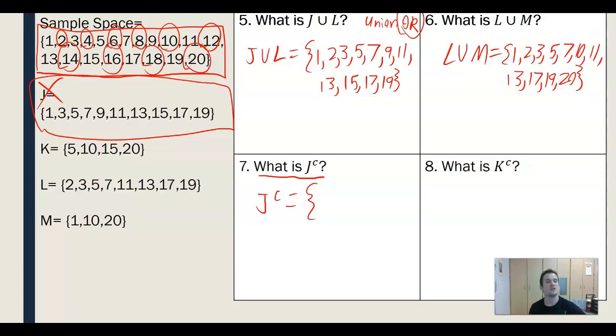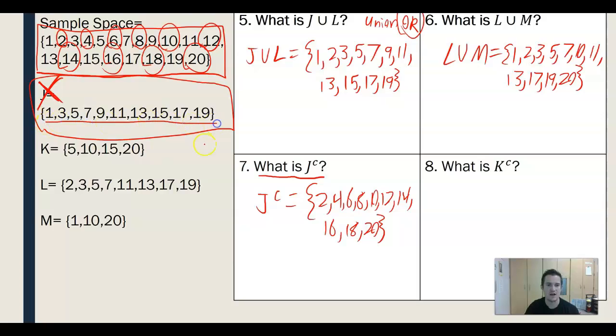So all the even numbers there: 2, 4, 6, 8, 10, 12, 14, 16, 18, 20. So again, the complement of set J, or J complement, is all the numbers that are in the sample space, but not in set J. So set J was all of the odd numbers between 1 and 20, so the complement of set J was all the even numbers between 1 and 20.